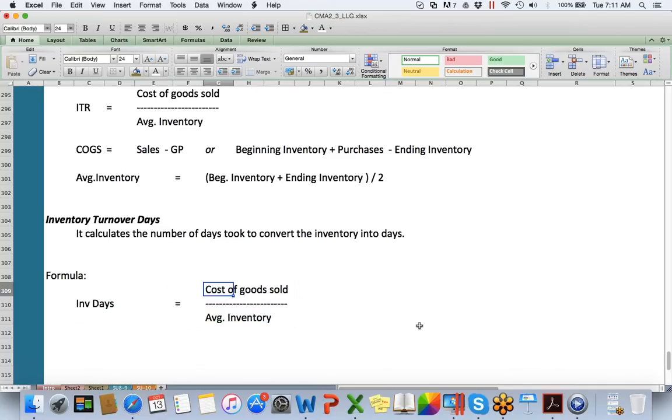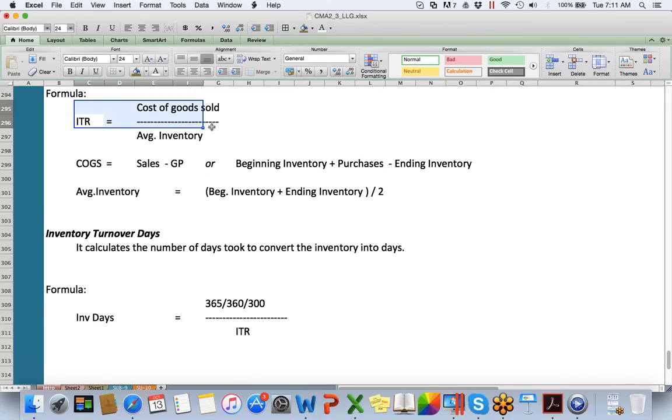Here, depending upon the information given in the question, either 365 or 360, or sometimes he may use business days, which is 25 days a month, 12 months a year, so it is 300 days, divided by ITR calculated in the previous formula, inventory turnover ratio. The one which you calculated here should be the denominator here.